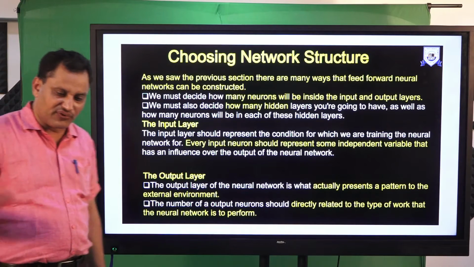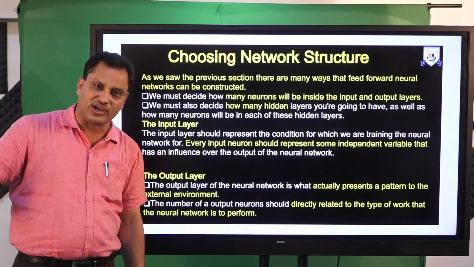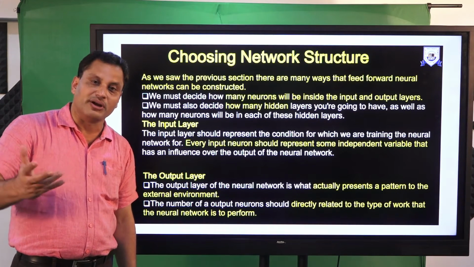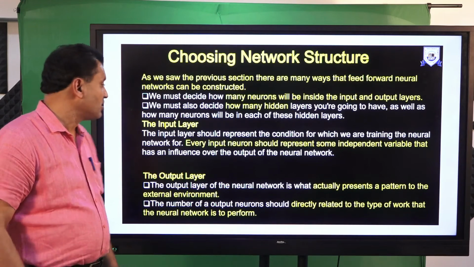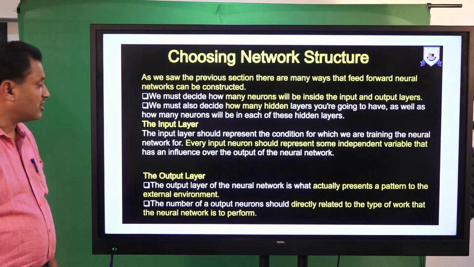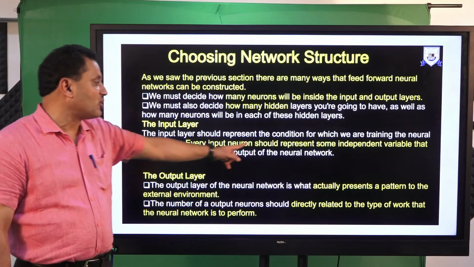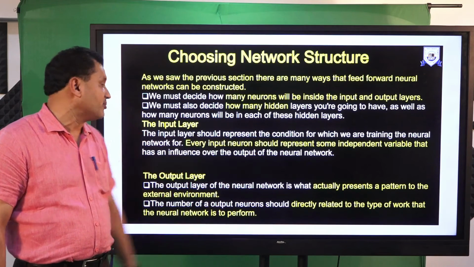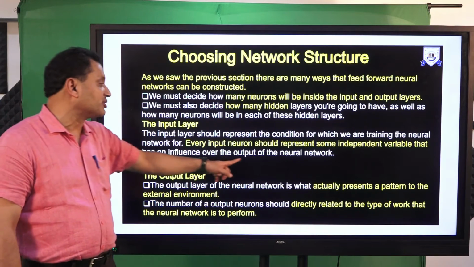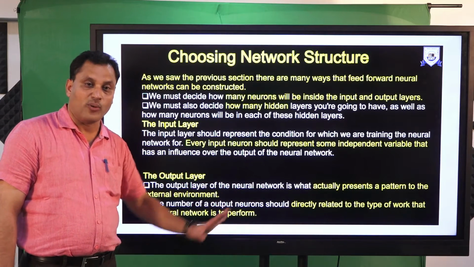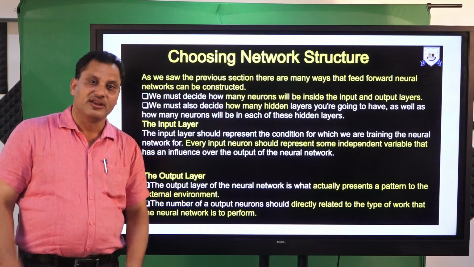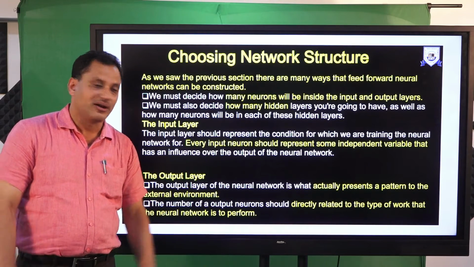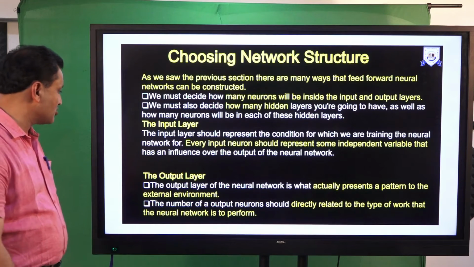Let's say we are using different vectors or different data sets to train the neural network. For a particular data set, how many attributes are there? For each attribute, one neuron has to be there in the input layer. Every input neuron should represent some independent variable that has influence over the output of the neural network. I hope I communicated the point well. It means the number of neurons depends on the number of attributes in a particular data set, in rough language.